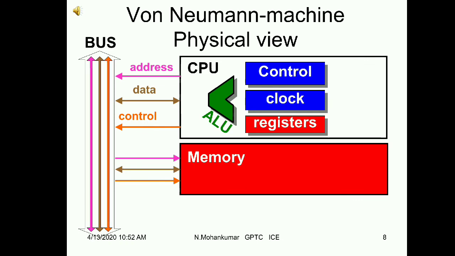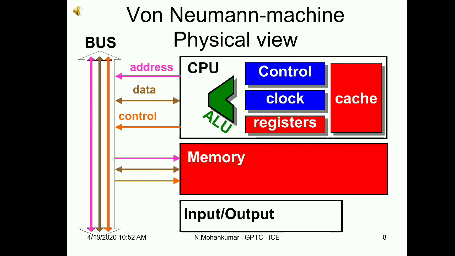So this is the architecture of the von Neumann machine. Most microprocessors will have all these blocks inside the processor, and a memory outside. Apart from that, it will have input output peripherals also. For example, the program is stored in a memory and data is also stored in a memory.